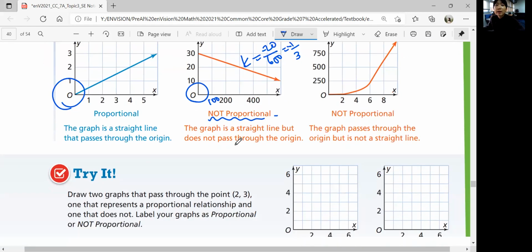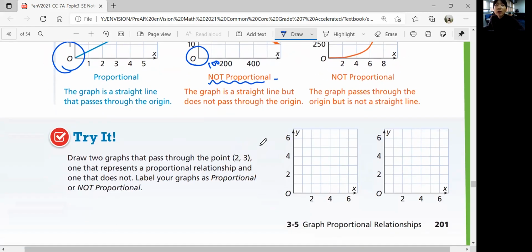Let's look at the try example. Draw two graphs that pass through the point (2, 3). One that represents a proportional relationship and one that does not. So you can graph a proportional relationship here and you can graph a non-proportional one here. But they both need to go through the point (2, 3), which is here.